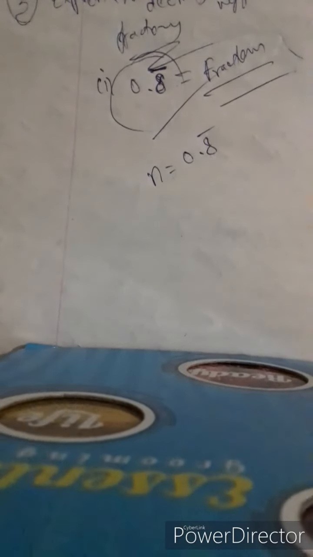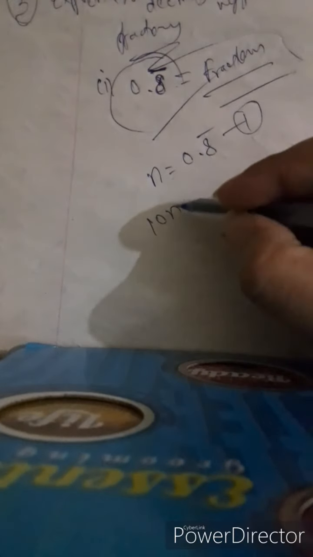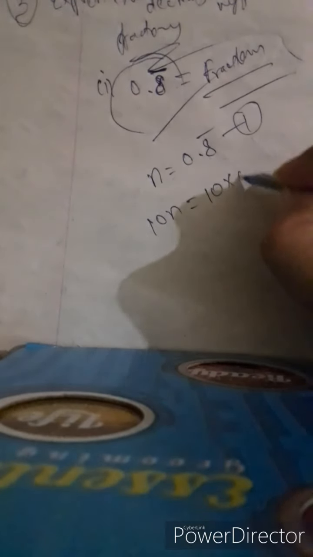First step, taking n as 0.8 bar. This is equation 1. In step 2, we take 10n. Equation 2: 10n equals 10 into 0.8 bar, that is multiplying both sides by 10.